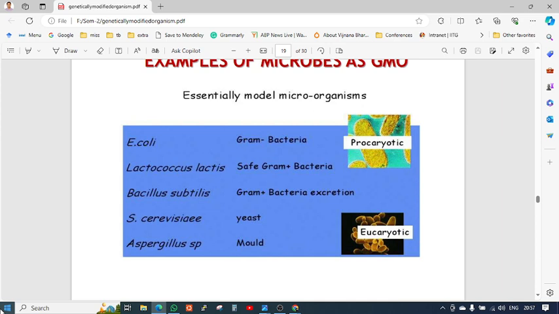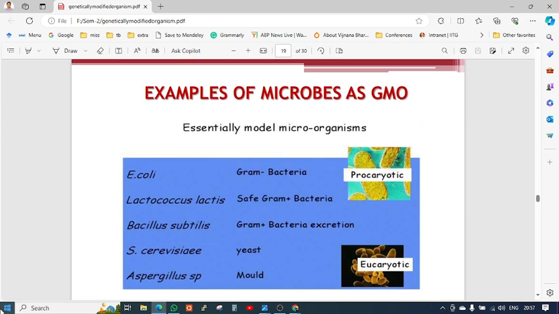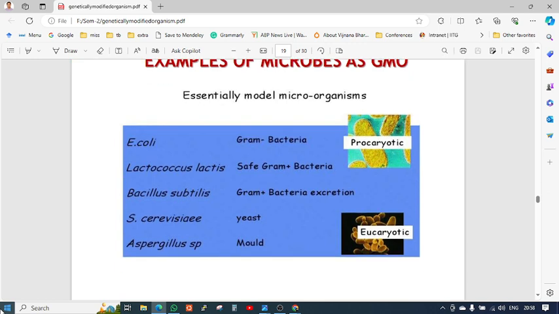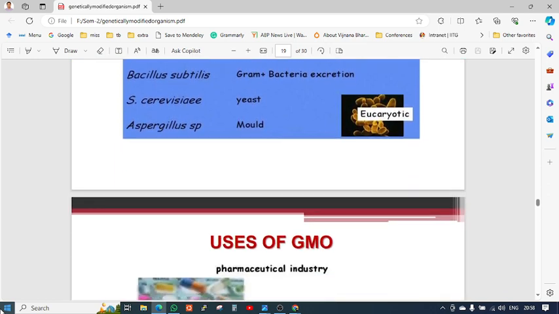These are the different microorganisms which are going to be modified, and that are ultimately called genetically modified microbes or genetically modified microorganisms, which are utilized for the benefit of human beings to produce different pharmaceutical products, as well as different hormones and proteins also. So these are some examples of genetically modified microbes.